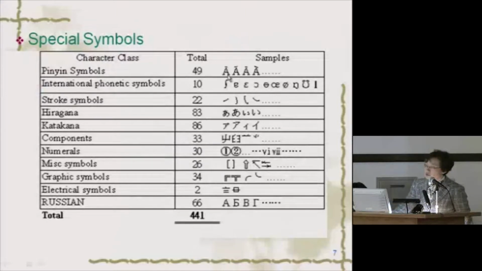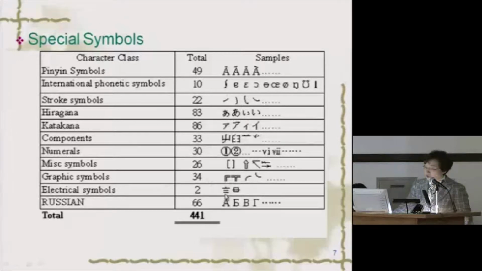We have a complete set of pinyin symbols in HKSCS. We also have some phonetic symbols, the International Phonetic Alphabet. There are also stroke symbols, hiragana, katakana, and you notice there are some graphic symbols for borders and things.